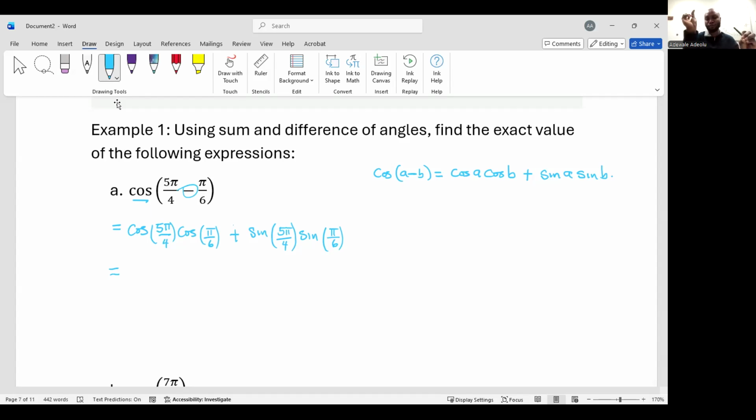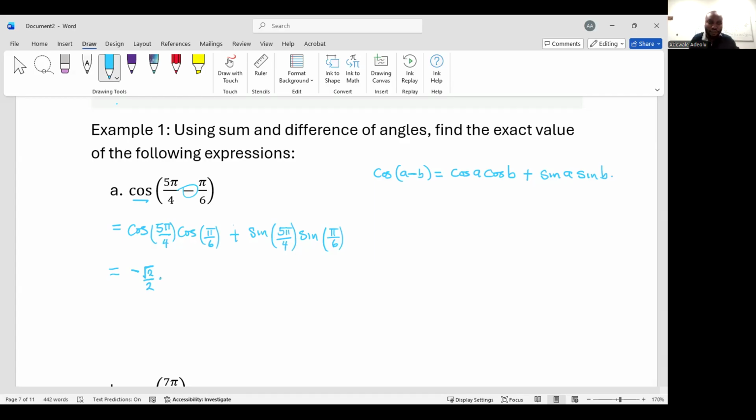In the first quadrant, we have 2 pi over 4. By the time we get to the second quadrant, we have 4. Meaning we will get into the third quadrant to have the fifth one. And in that third quadrant, cosine is negative there, or let's say the x value is negative there. So that would be negative root 2 over 2. Or you can use your unit circle to find that.